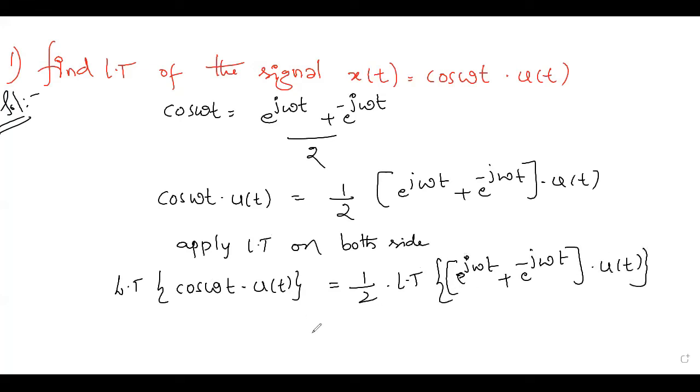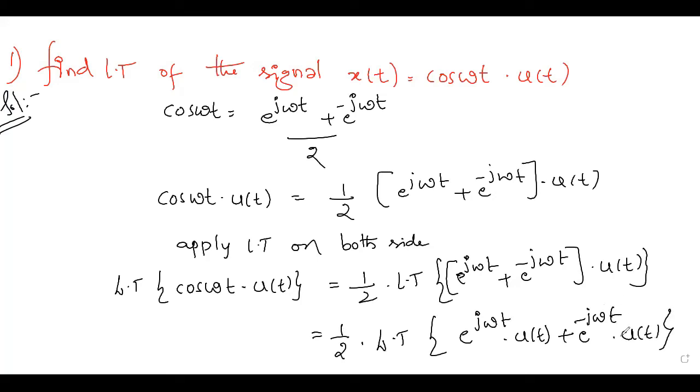It is in a plus b form, so just by the linearity property, it is the Laplace transform of e power j omega t into u of t plus e power minus j omega t into u of t. Try to solve that. Use linearity as well as shifting property.